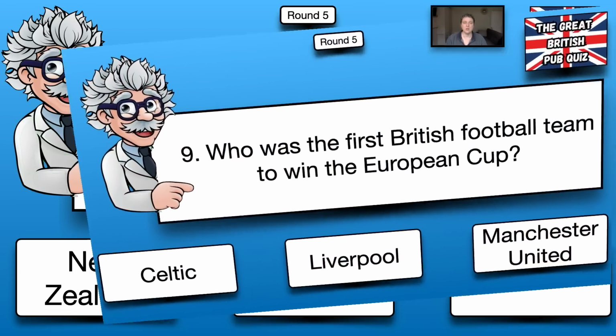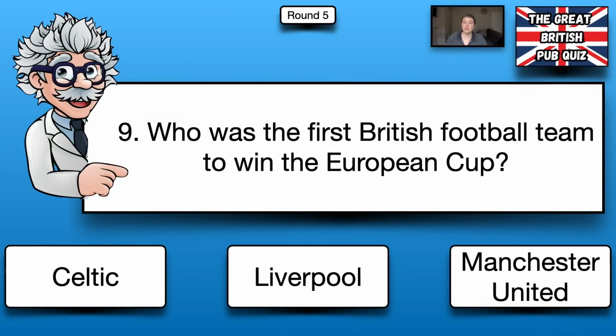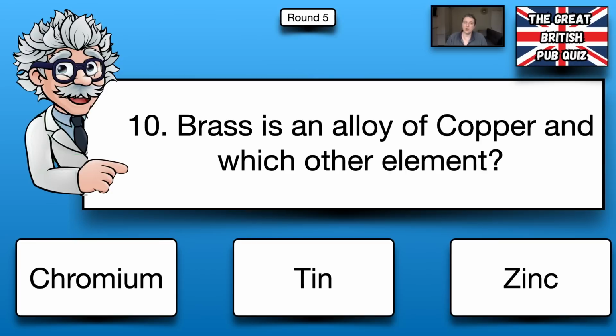Number 9. Who was the first British football team to win the European Cup? Celtic, Liverpool or Manchester United? And number 10. Brass is an alloy of copper and which other element? Chromium, tin or zinc?